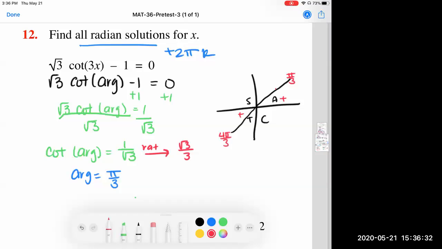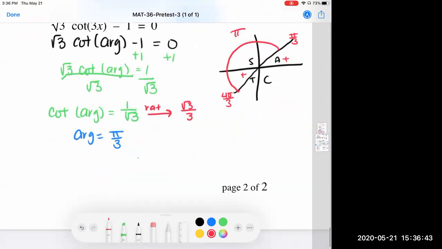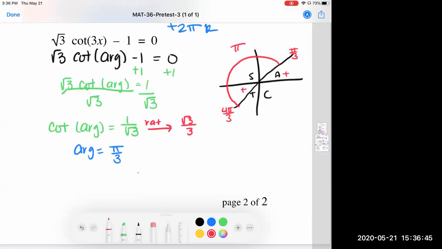But because we see that they're another pi away, you can just write it once and write a pi. You can write them both, and there's nothing wrong with that. So we can say arg plus pi k instead of writing them both, since they're only a pi difference and they're going to repeat constantly having that pi difference.